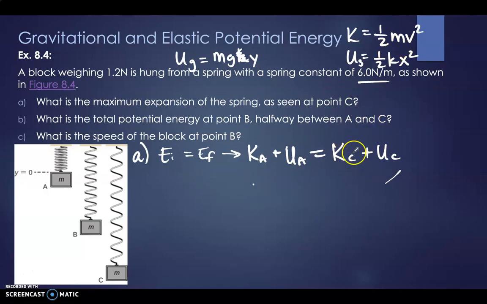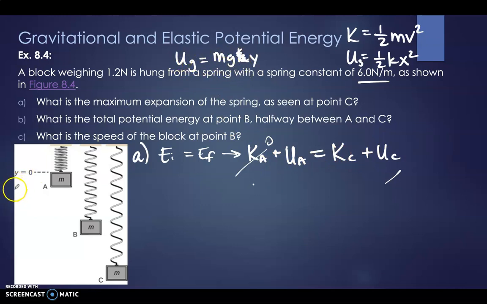Okay, so on this first side, we should have some kinetic energy, 1/2 mv squared. At this point, there is no motion, so v equals 0. So our kinetic energy at A is going to go to 0. Our potential energy, let's look at our gravitational.